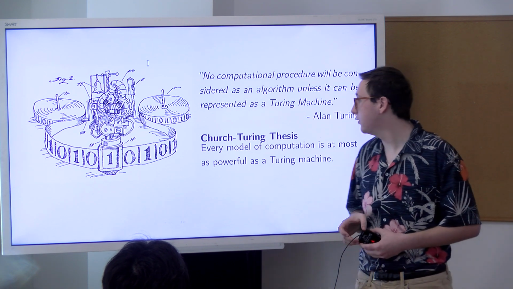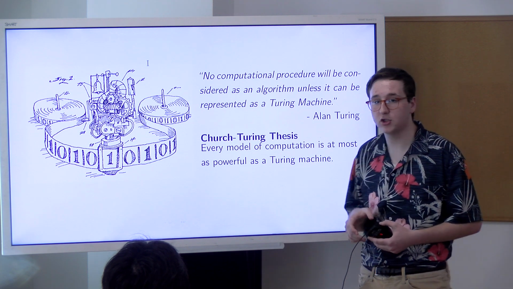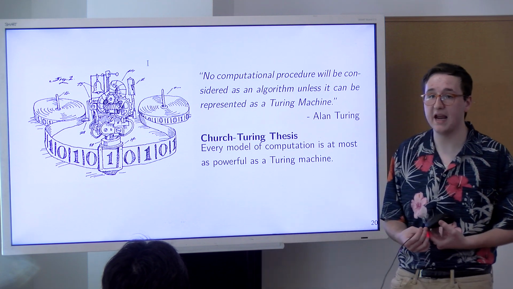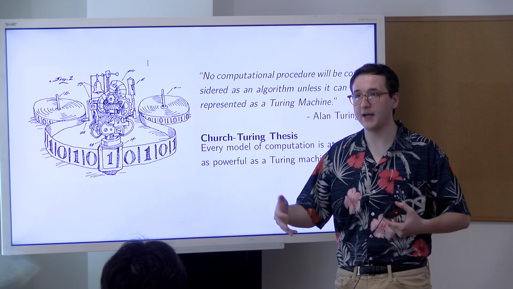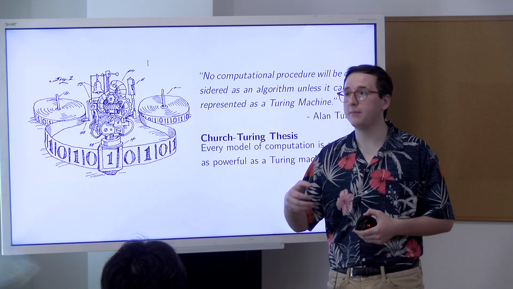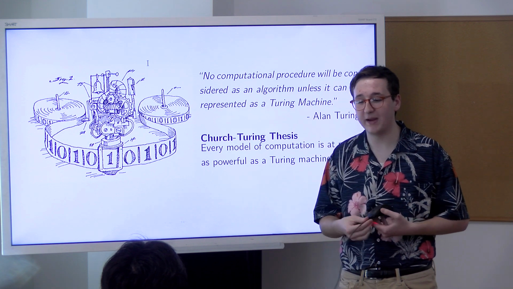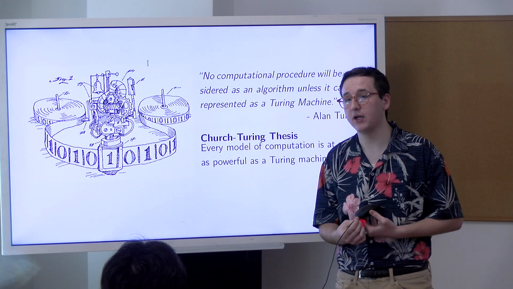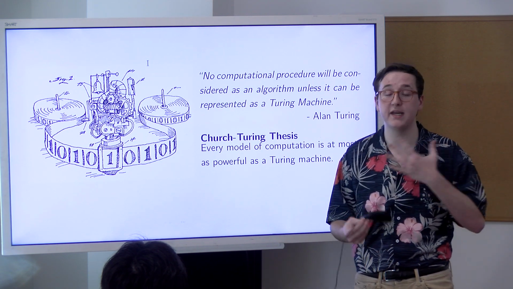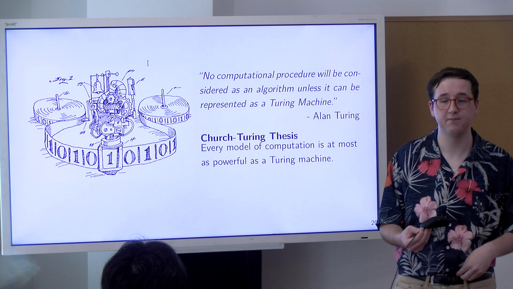A little later, due to the work of Church and Turing, they created the Church-Turing thesis, which similarly states that every model of computation, so any way you describe an algorithm, or describe a machine that can perform algorithms, is at most as powerful as a Turing machine. In this sense, a Turing machine is a correct model of computation.